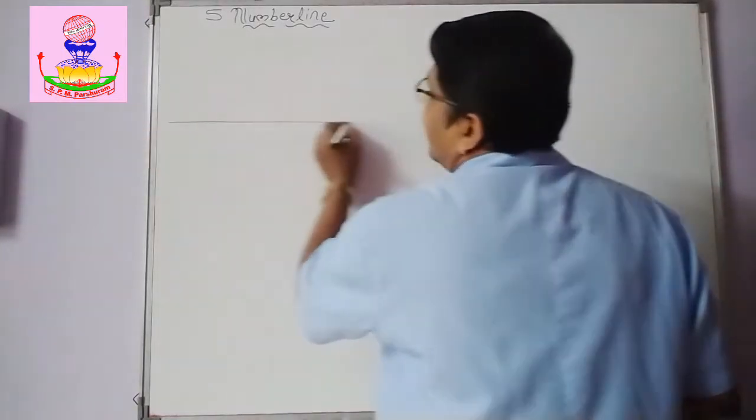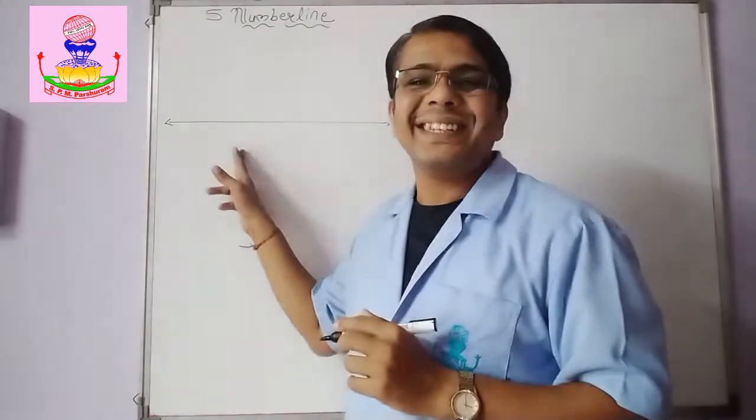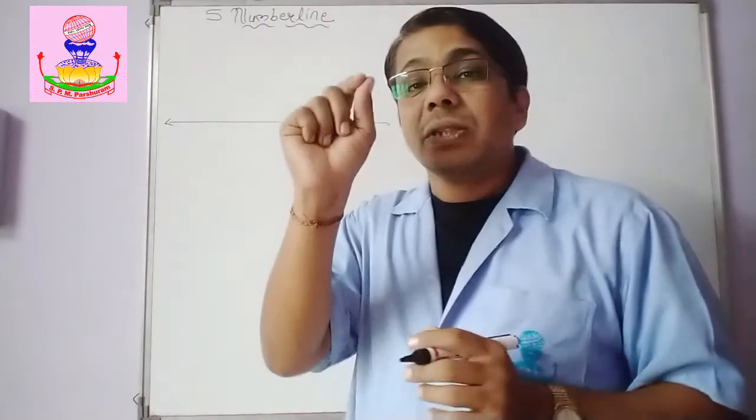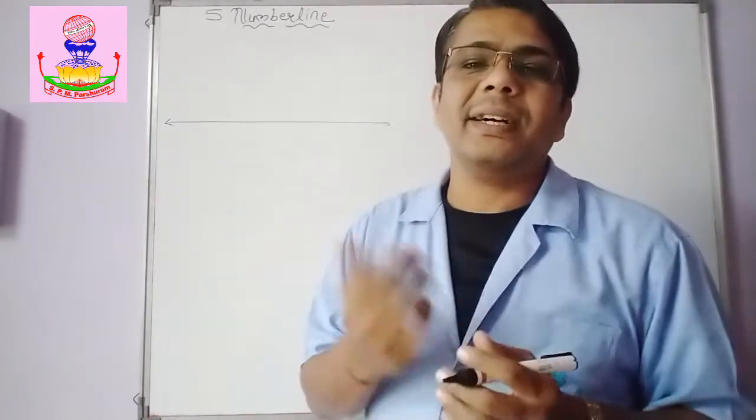This is a line. Now we know that there are infinite number of points on this line. So some of these points, when they are represented by numbers, we call that the number line.